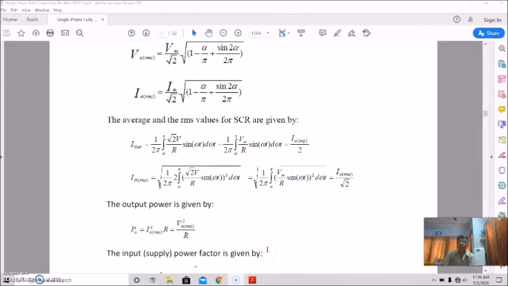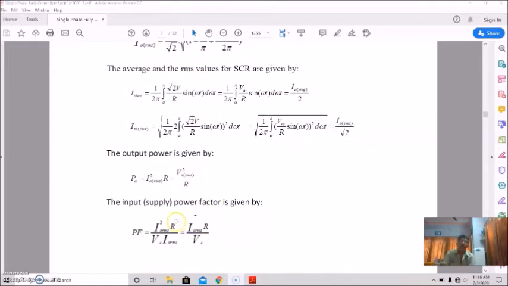So we can write the output power as the RMS output current squared into R, that is the RMS value of the output voltage squared by R. The input or supply power factor is given by the output power divided by the input power, that is P by S, where S is the input volt-ampere.